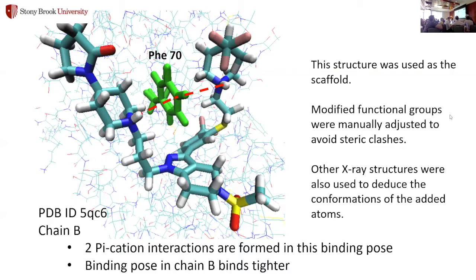In chain B, if we protonate this pyridine group, the proton will be pointing towards the solvent, but in chain A, the proton is pointing into the protein.